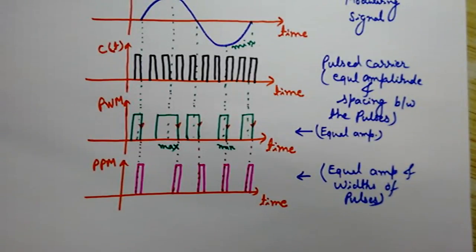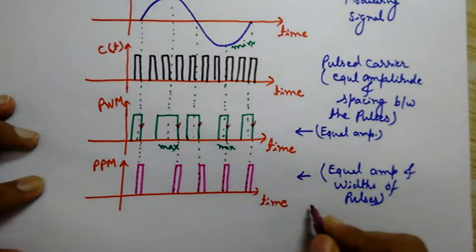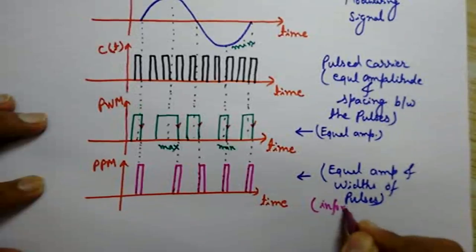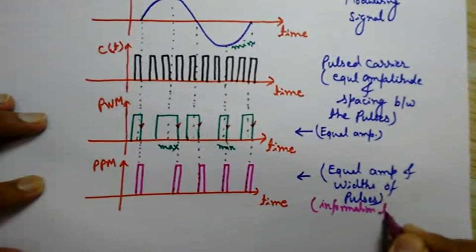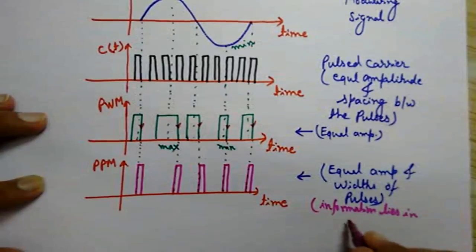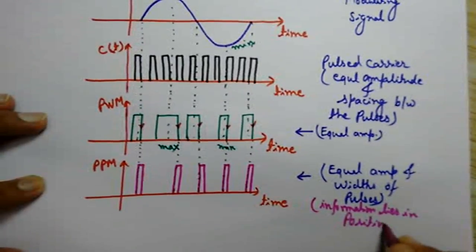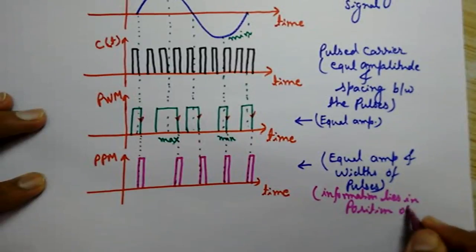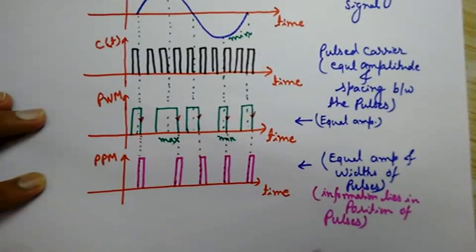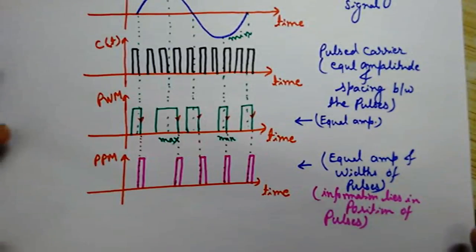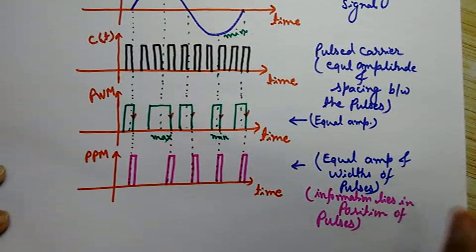So we can say here that the information lies in the position of pulses. Okay, the information lies in the position of the pulses. Clear?